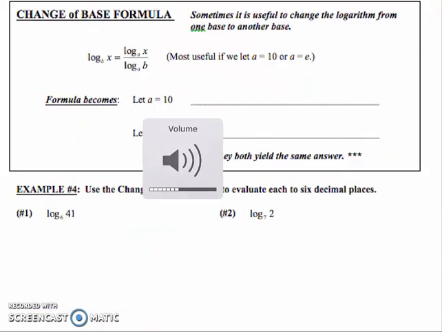The next thing we're going to talk about is the change of base formula. Because our calculator can only calculate log base 10 and log base e, sometimes it's useful to change the logarithm from one base to another, especially so that we can do a calculation on our calculator. So let's say, for example, that we have log base b of x, right?